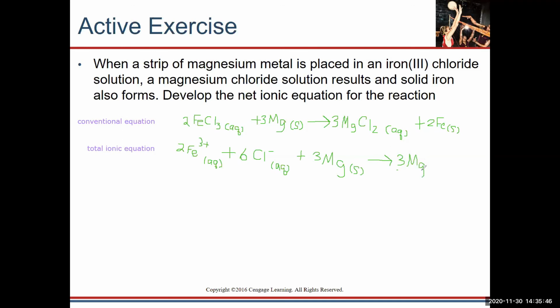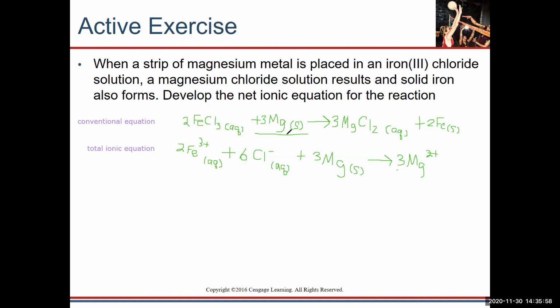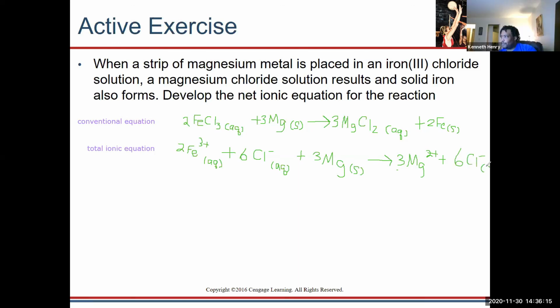I think I missed something. So why doesn't the Mg have the charge on it? Does it have a charge here? No. It's a solid, so how can it be broken down to an ion? Okay. And then it's plus 6 Cl negative, aqueous.